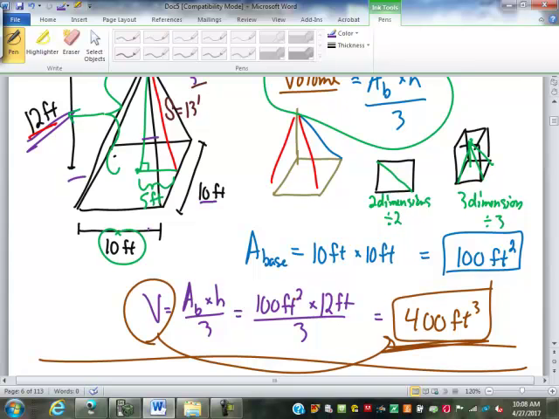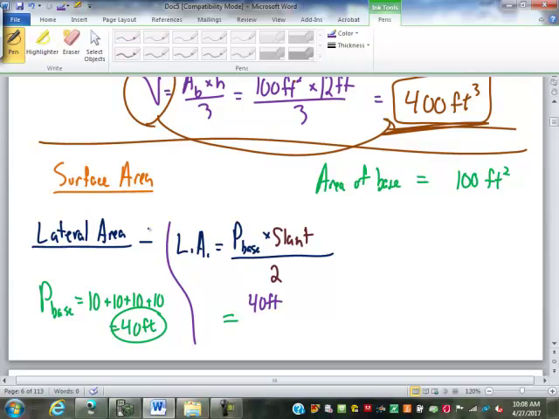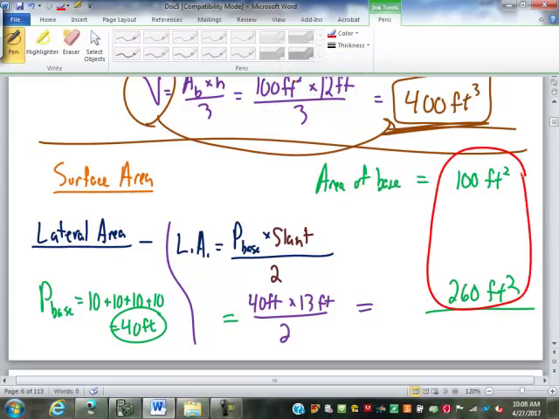So I just added up the sides, is all I did. So 40 feet times that slant of 13 feet divided by 2, because those are triangles now. I get 260 square feet per lateral area. So I add the area of the base to the lateral area. My surface area is 360 square feet.